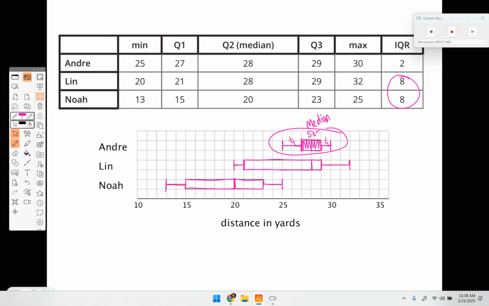Lynn and Noah, they have a lot of variability in their flights, okay? They have a lot of different numbers, and they're very large in their interquartile range. They're not very consistent. Yeah, Marley, what else? I noticed something different is that Noah's maximum is at 25, and Andre's minimum is at 25. Oh, good, they line up, wow.